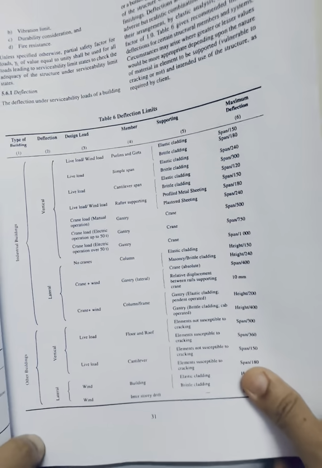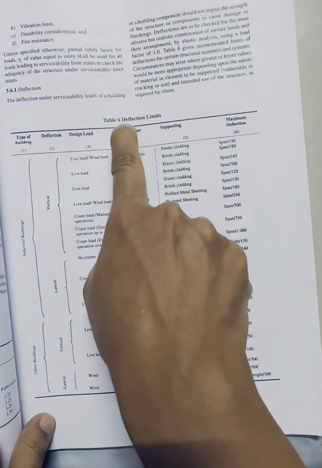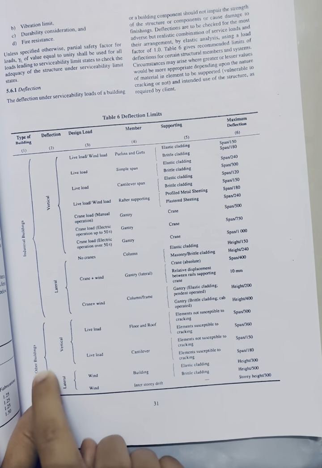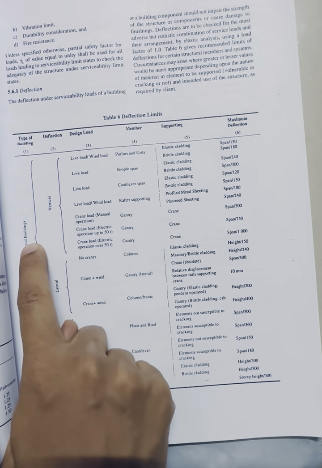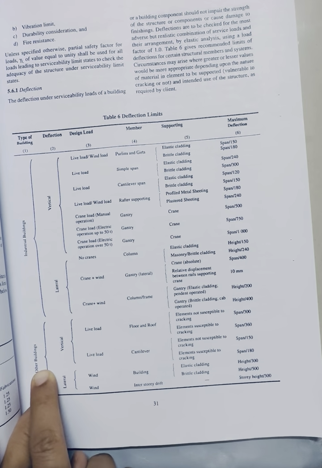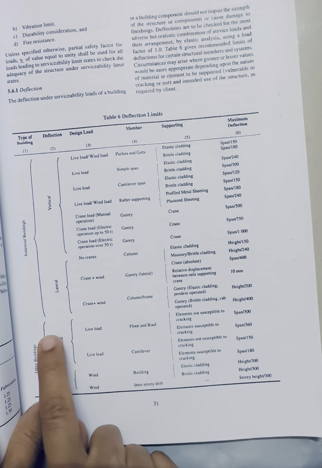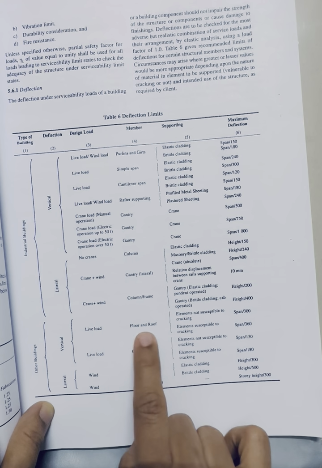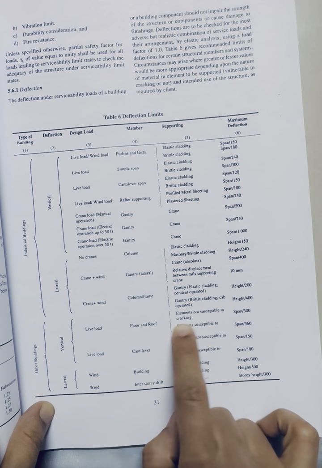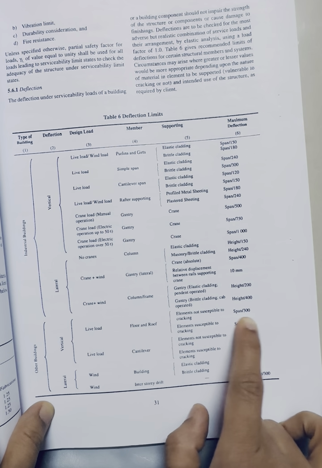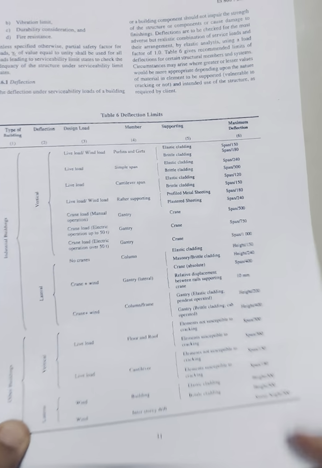If you go to table number 6 of page 31, there are two things, industrial building and other building. As is like simple building or vertical building. So vertical, floor and roof. Okay. Floor and roof. So element not susceptible to cracking. What is given? Span by 300.